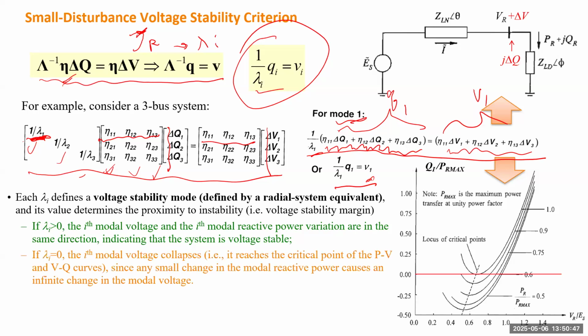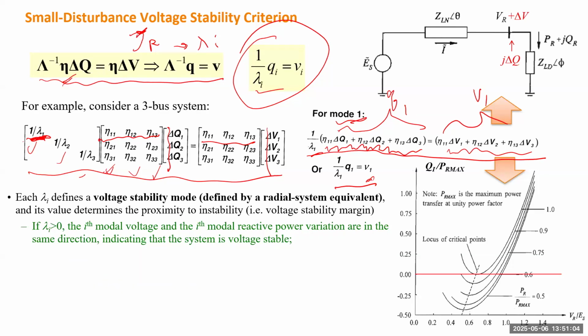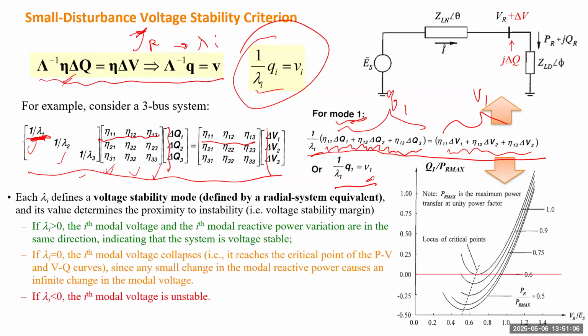But when lambda becomes 0, you still try to increase the voltage by increasing the reactive power. That may not succeed. And if it becomes negative, that will fail. That will make the voltage even worse. The negative lambda means the margin has become negative.